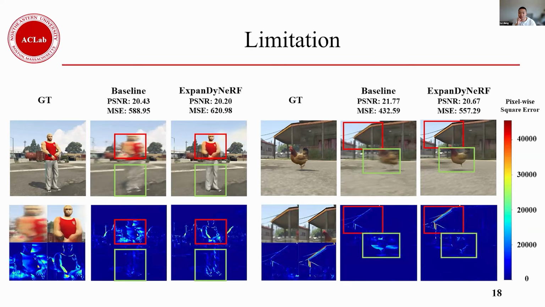So despite the poor perceptual quality, just because we align the 3D prior from the Gaussian splatting and the NeRF space, aligning these two spaces will have some error.